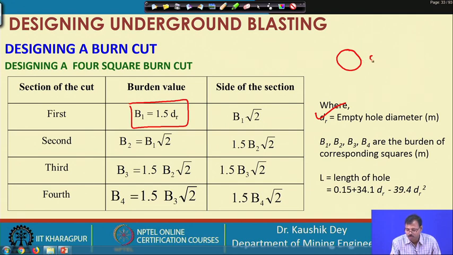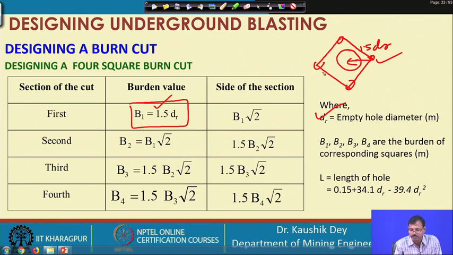This first burden, center to center, is 1.5 dr for this hole. In this way we can have a square like this, where all the holes are placed at 1.5 dr distance. So, this is the first square, and then our considerations are like this.